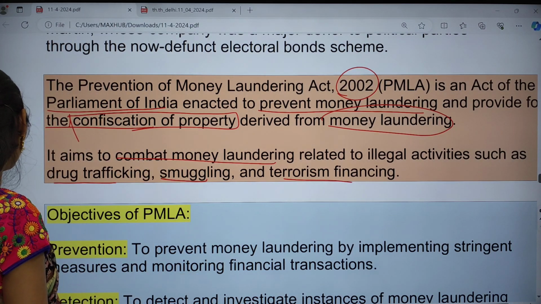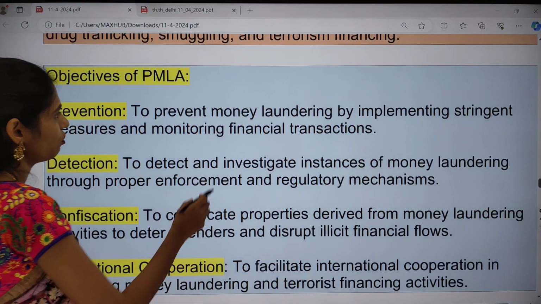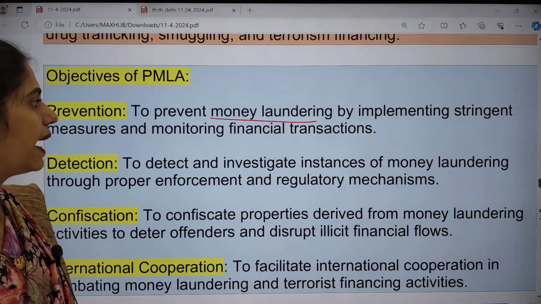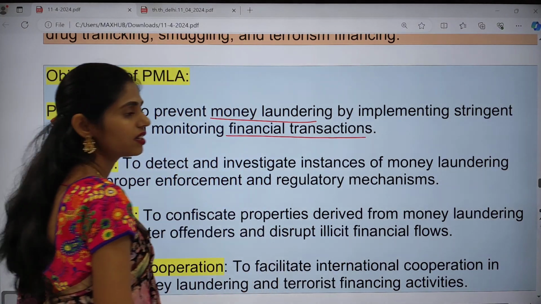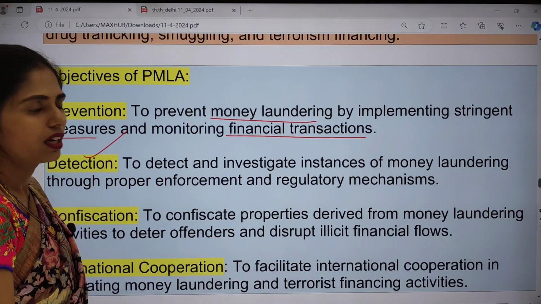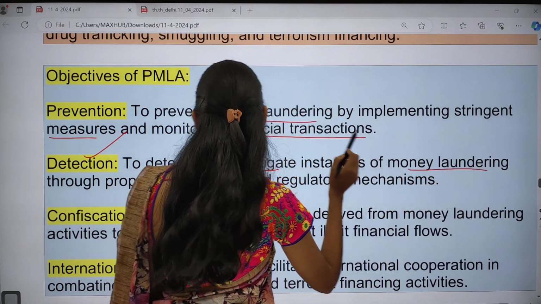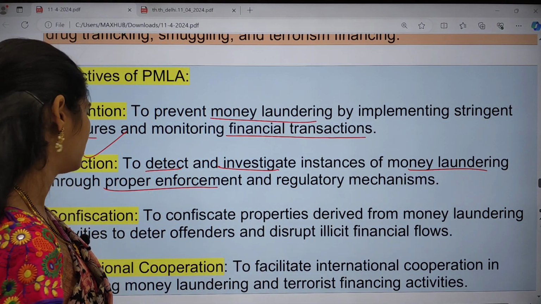And what are the objectives? The objective is for the prevention of money laundering, and especially we can prevent this by implementing stringent measures and monitoring of financial transactions. And next one is we can detect and investigate instances of money laundering through proper enforcement and regulatory mechanisms.